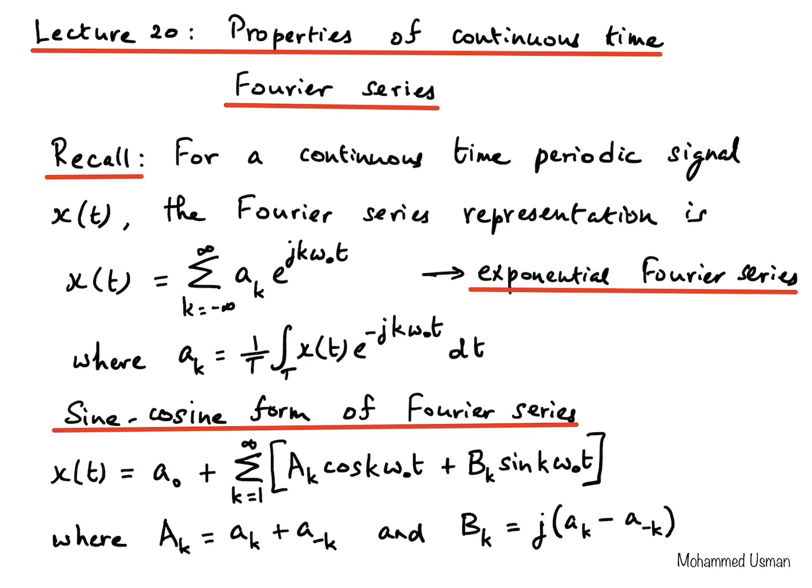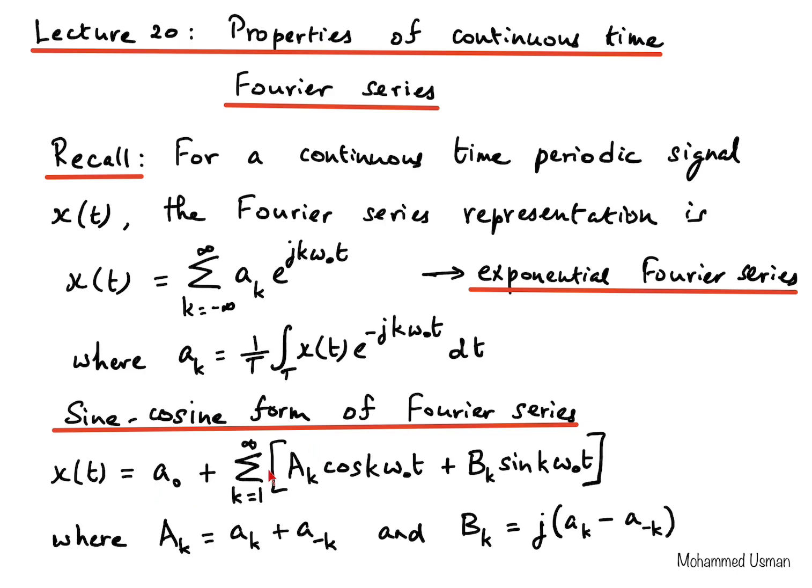We also saw previously how to convert this exponential form of the Fourier series to the sine cosine form. In the sine cosine form, we have the coefficient a_0, which represents the DC component of the signal x of t.